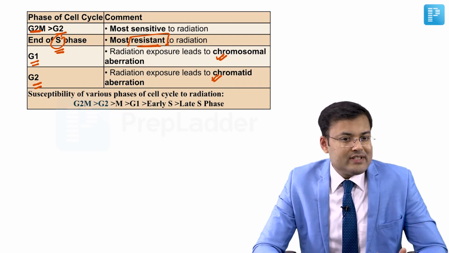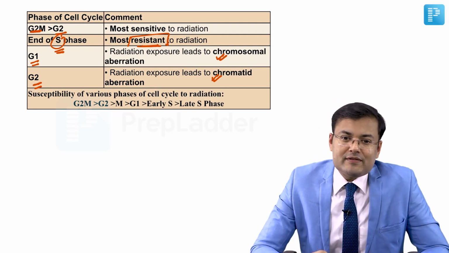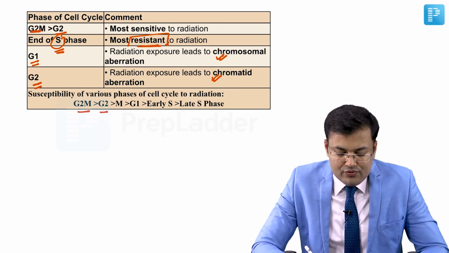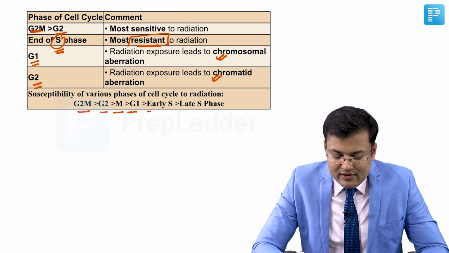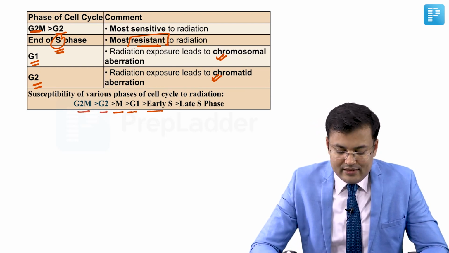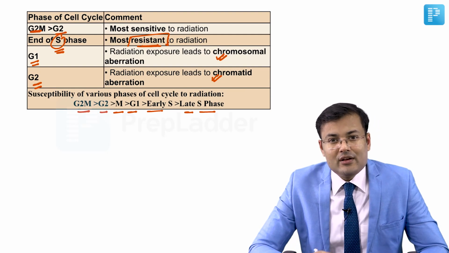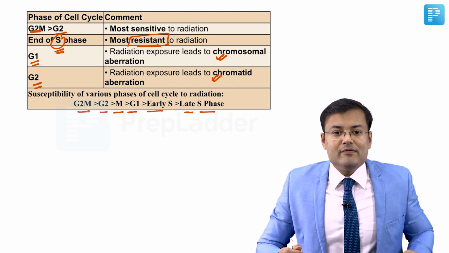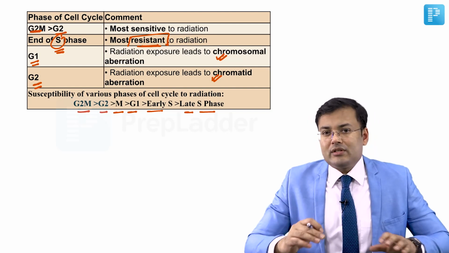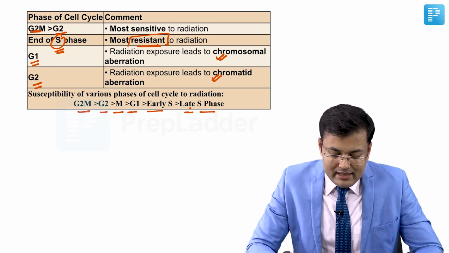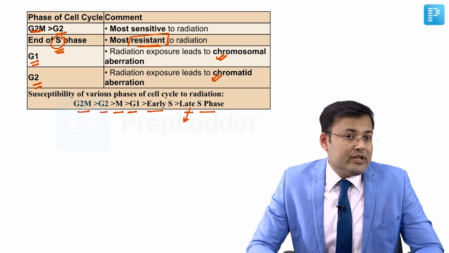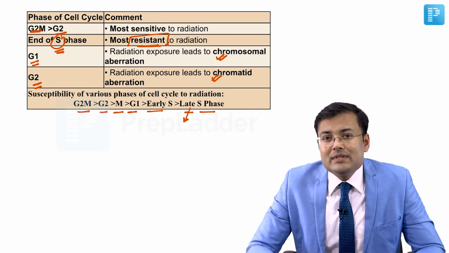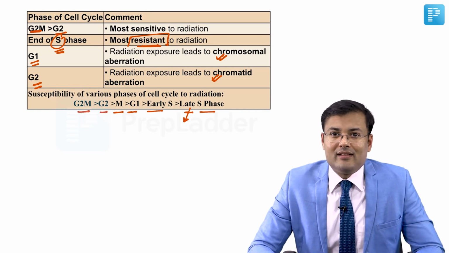If we see the susceptibility of various phases of the cell cycle to radiation, it's G2M followed by G2, followed by M, followed by G1, followed by early S phase, followed by late S phase. So overall, if all these options are there, most radiosensitive is G2M followed by G2, and least radiosensitive is S phase, which is late S phase. So these were the 22 questions of INI-CET November 2021.